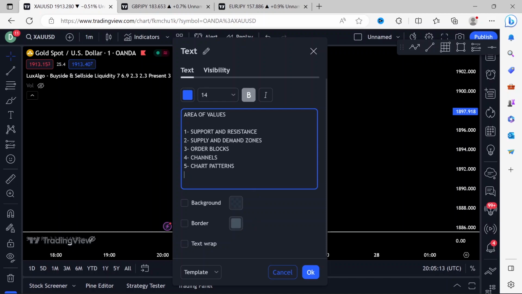So these are some of the areas of value, but I'll be touching on support and resistance. Supply and demand zones are almost like support and resistance, and order blocks will be in another video, a sole topic on order blocks.